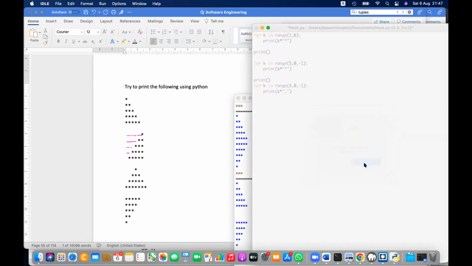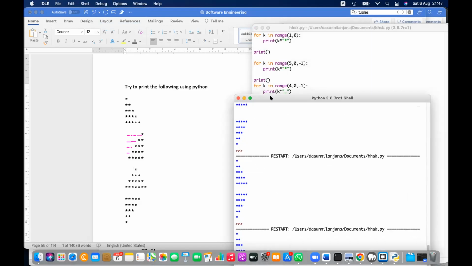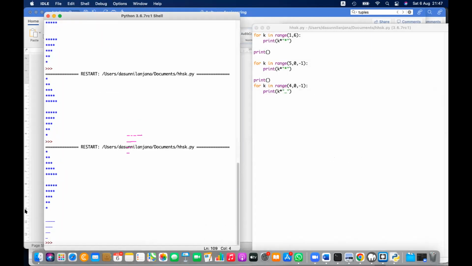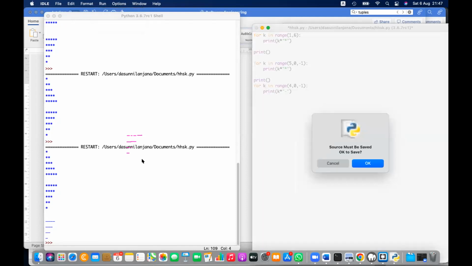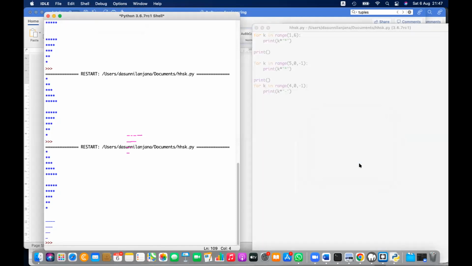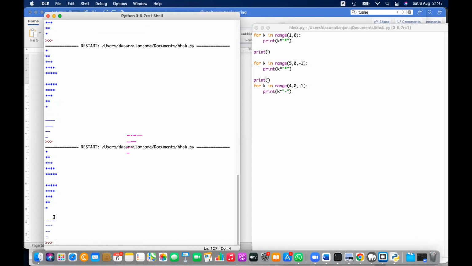Or I can use dash even. You can see it has printed these underscores, or if I use dash, it will print these dashes. After the dashes, I need to print the asterisk.